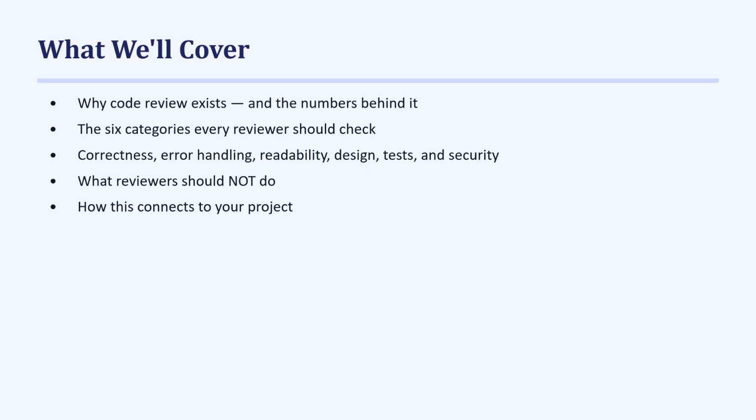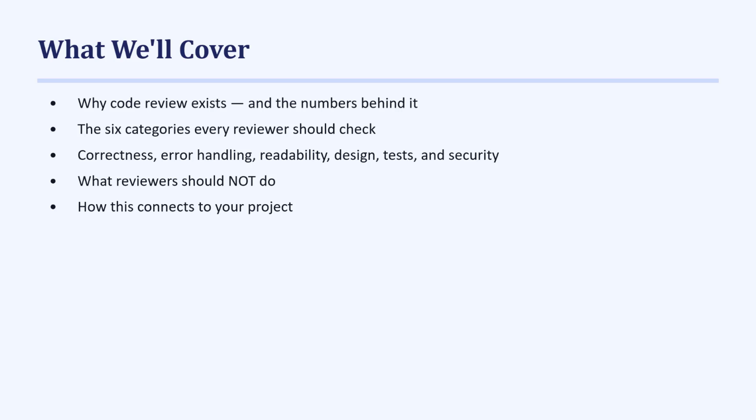So what are code reviewers looking for, or what makes you a good code reviewer when you are reviewing code? Then we're going to distinguish between issues a reviewer should flag versus issues better caught by automated tools. And then the connection between code review and a team project workflow.